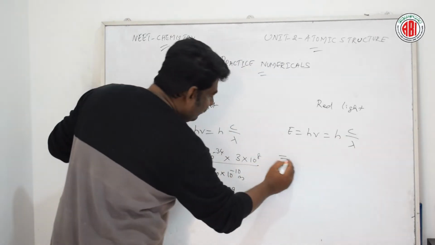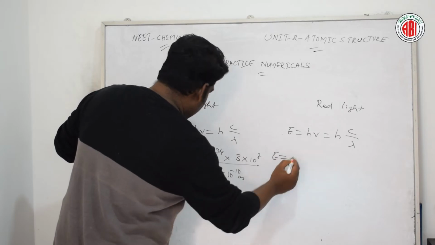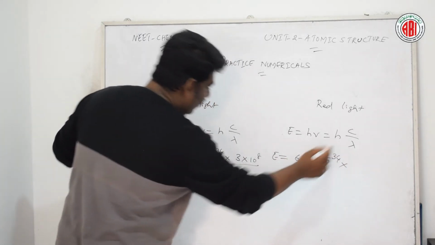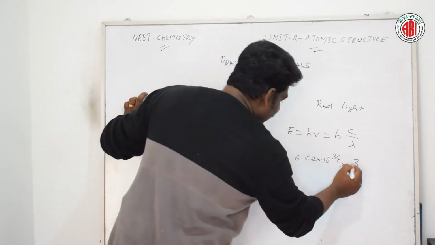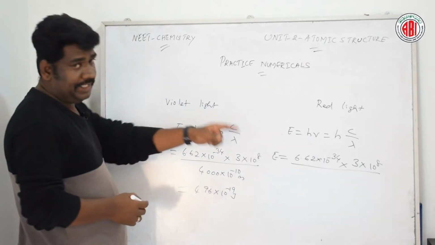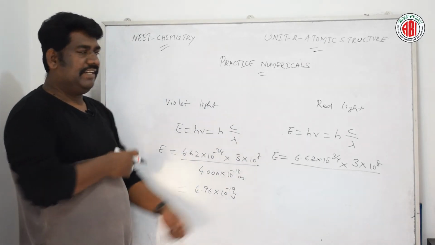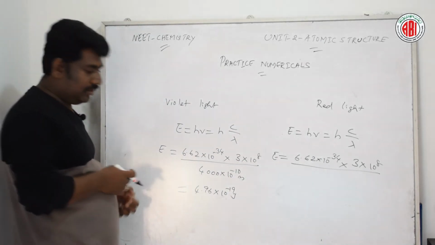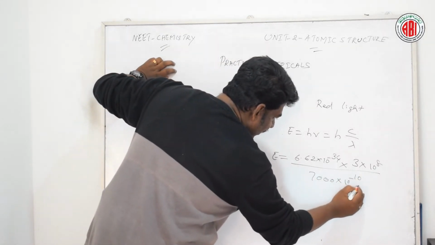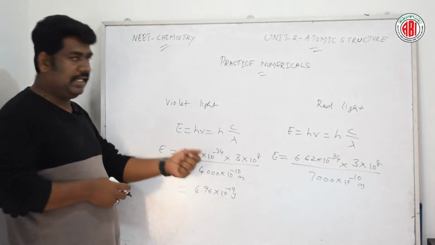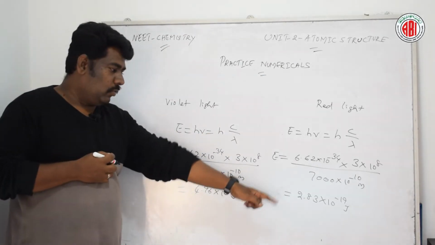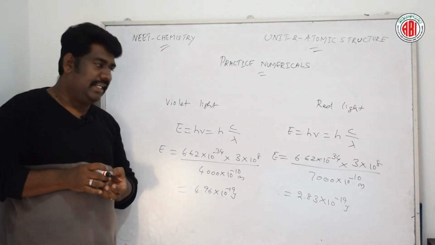So E is equal to the h value, that is 6.62 into 10 to the power of minus 34, into the c value, that is 3 into 10 to the power of 8 meter per second, divided by the lambda value for red light. In the question that is given as 7000 Armstrong, so that could be written as 7000 into 10 to the power of minus 10 meter. Simplifying this, we could get the photon energy of the red light, that is 2.83 into 10 to the power of minus 19 joule.